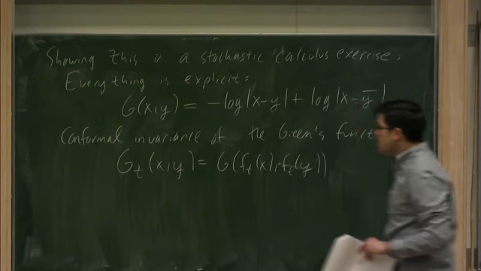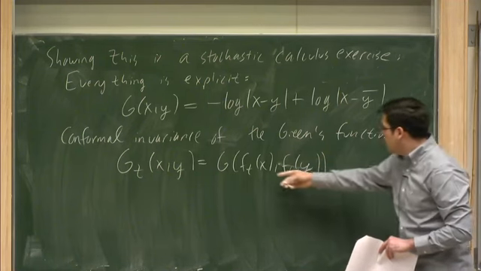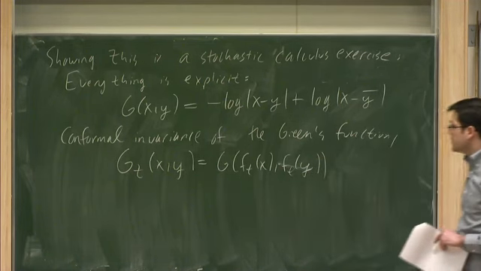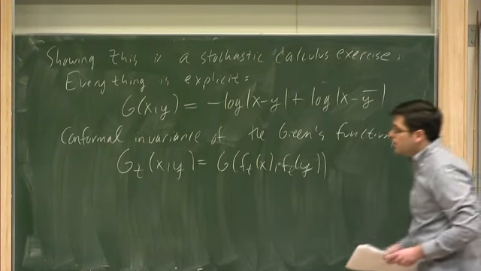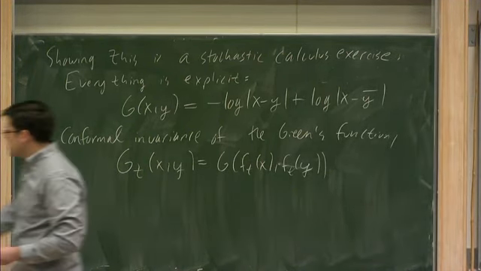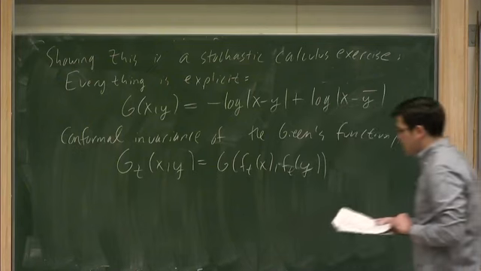Since this is pretty explicit, and these f sub t's satisfy the stochastic differential equation that I wrote down at the beginning, you can compute and verify that this is in fact the case, and that will complete the proof of the theorem for you.